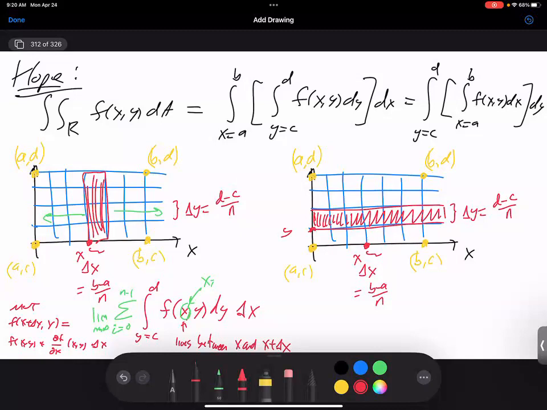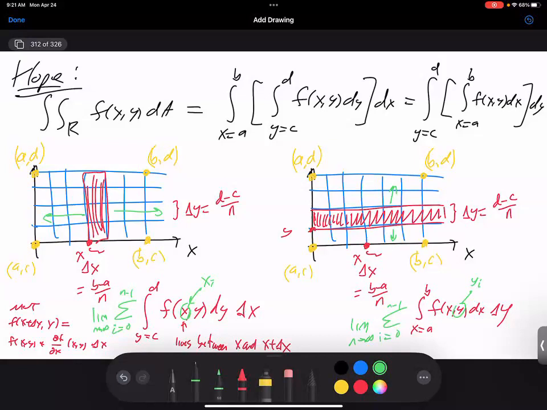And so I would have the integral, x goes from a to b, f of x, y, dx times delta y. And then I would do the exact same game: I would have a sum, with a y sub i, i goes from 0 to n minus 1, and then take the limit as n goes to infinity.